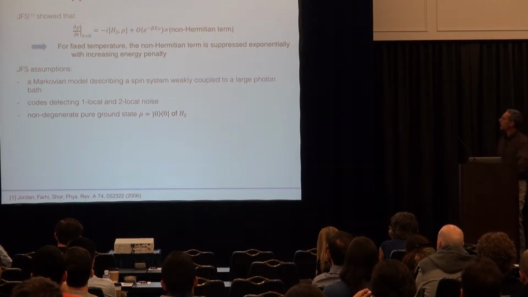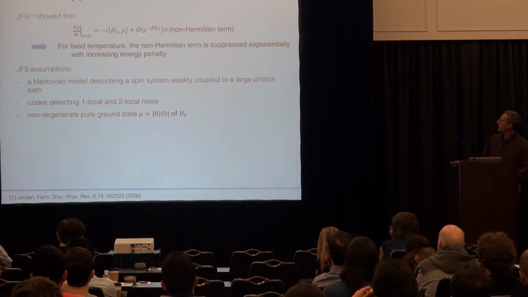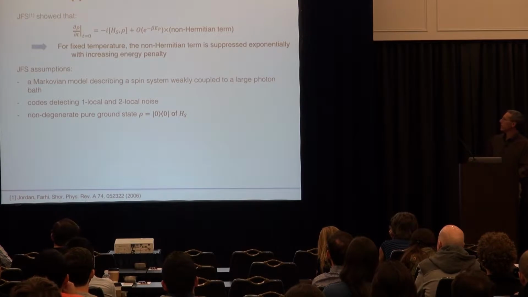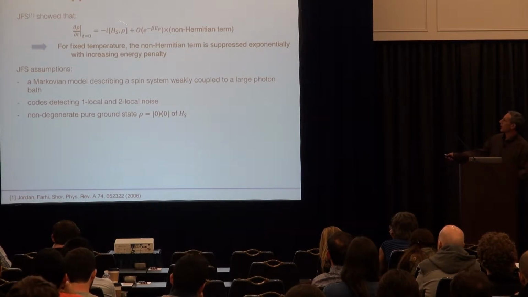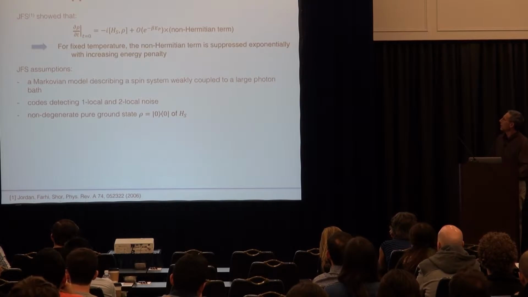What they showed was that if you consider the initial change in the system density matrix, then it is given by a Hermitian term. This is just the Hamiltonian that performs the adiabatic quantum computation. I guess this should be H S bar. It's the encoded Hamiltonian now.